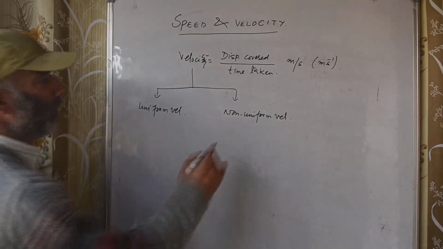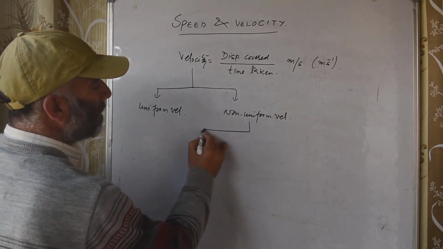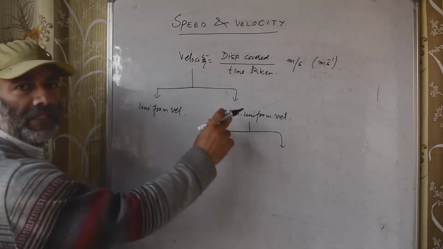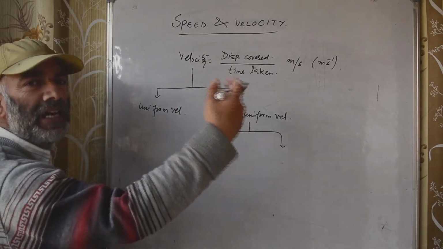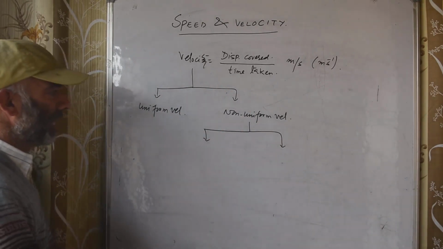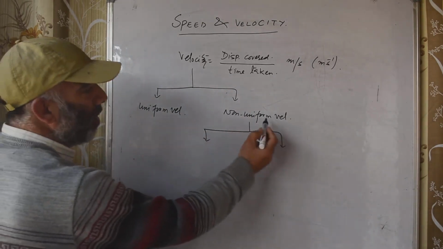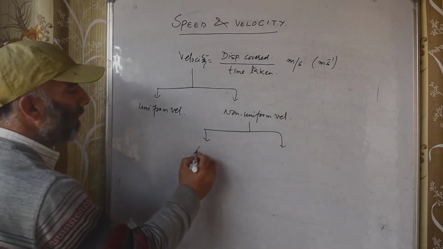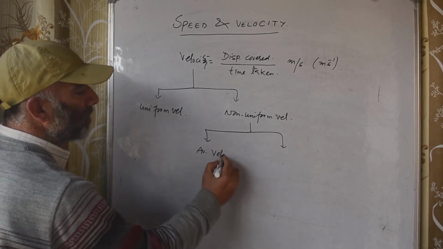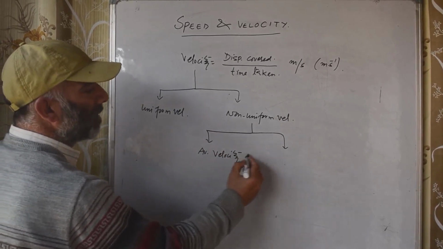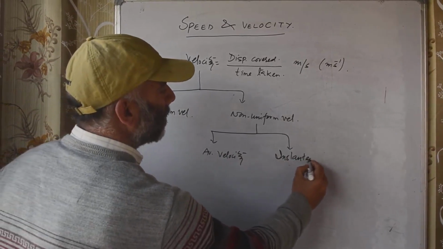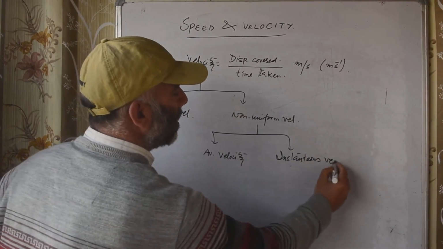So if the velocity of an object is non-uniform, that is the object covers equal distances in unequal intervals of time or unequal distances in equal intervals of time. Okay, so for non-uniform velocity, we calculate average velocity, and then we calculate instantaneous velocity.